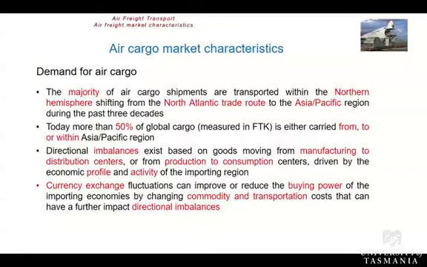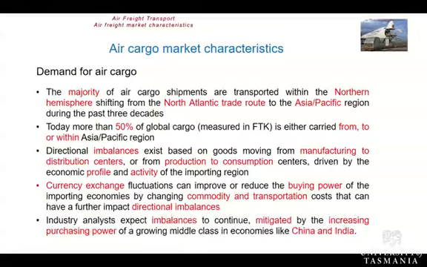as a couple of days later China made another correction to minimise the impact of that reduction in their currency. But essentially that currency devaluation is going to present some countries with a better opportunity, greater buying power to buy more goods, which can have a further impact on directional imbalances.